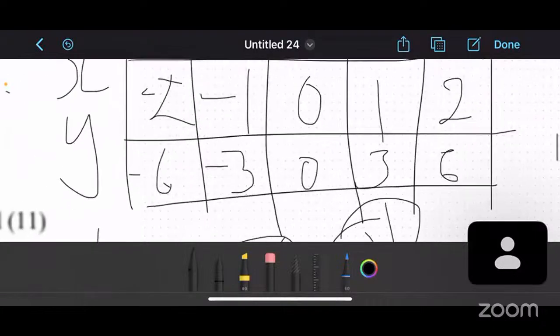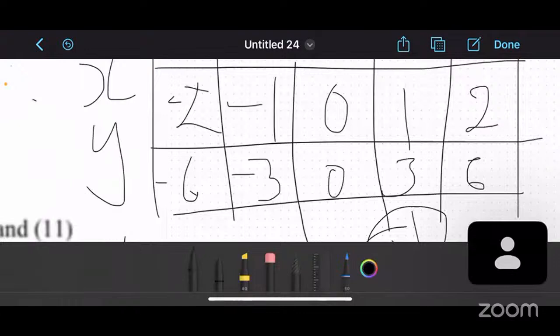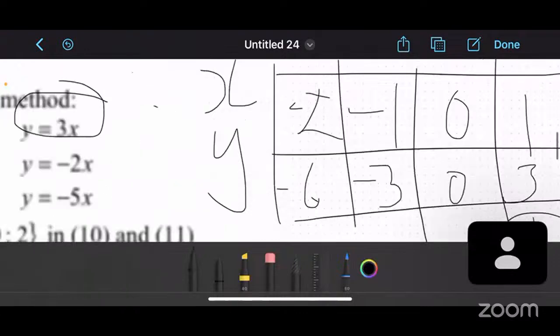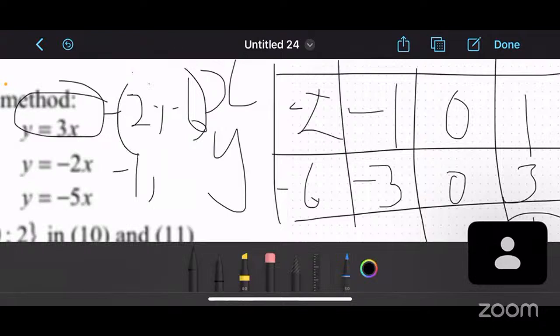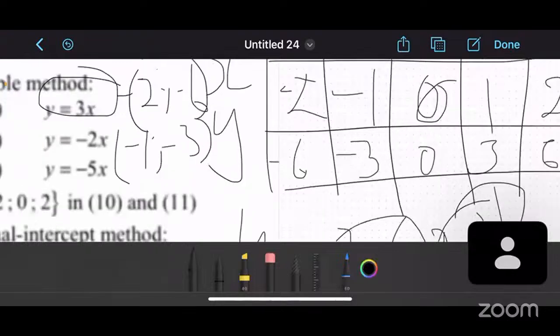So these are going to be our coordinates. When your x is equal to -2, your y is -6. This is the first point that you're going to place on the rectangular plane. And then when your x is equal to -1, your y is equal to -3. When your x is equal to 0, your y is equal to 0 as well.